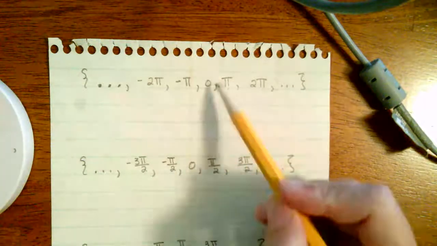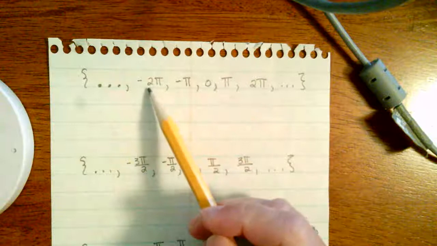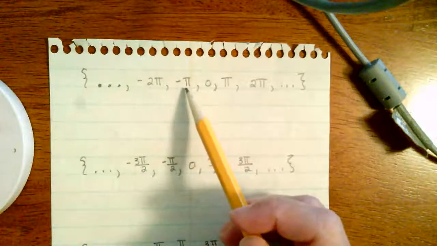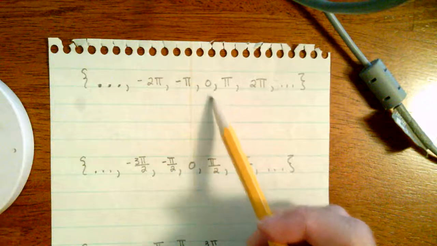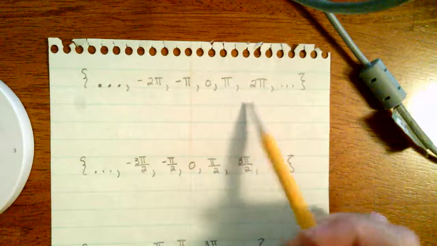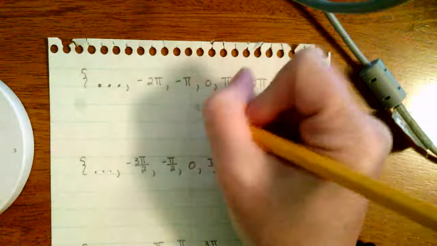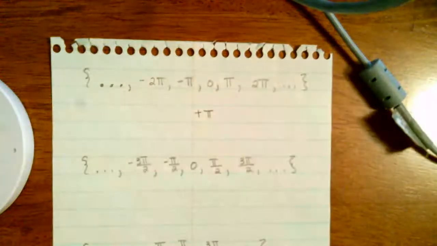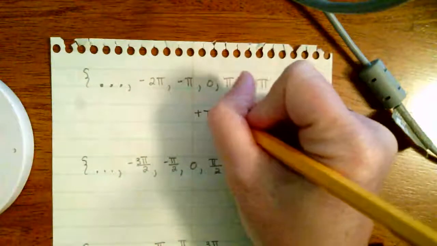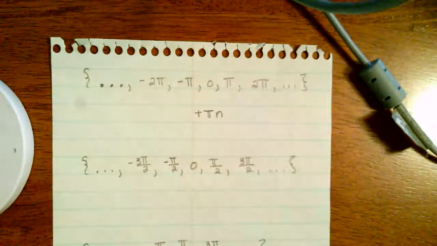Hopefully here you can see the distance between negative 2 pi and negative pi is pi. The distance between negative pi and 0 is pi. 0 and pi is pi. Pi and 2 pi is pi. So I figure out real quickly that I am always adding pi, and it just depends which integer I'm multiplying by.